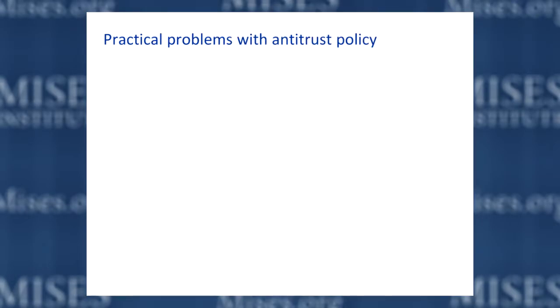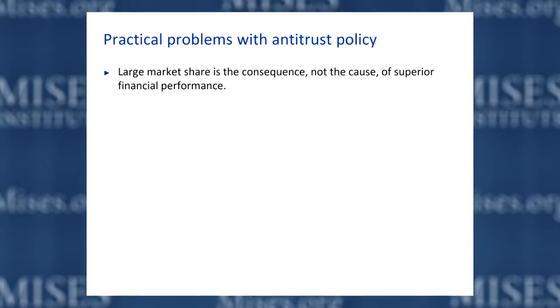Now, there are a number of practical problems with the standard approach to antitrust policy or competition policy in most countries. One I've sort of already hinted at, and that's that it's not obvious that you should infer monopoly power in the neoclassical sense merely by observing firm size.